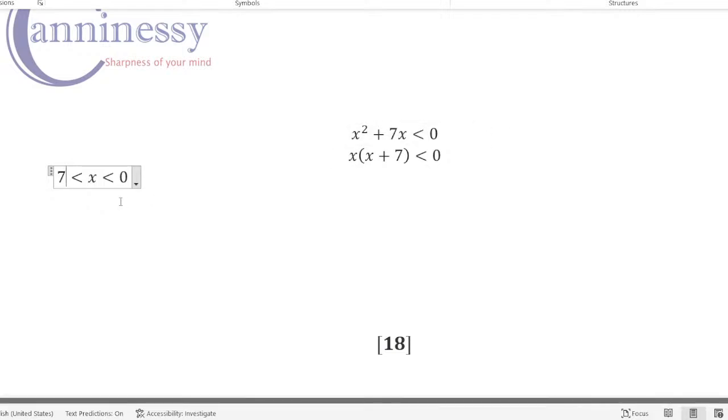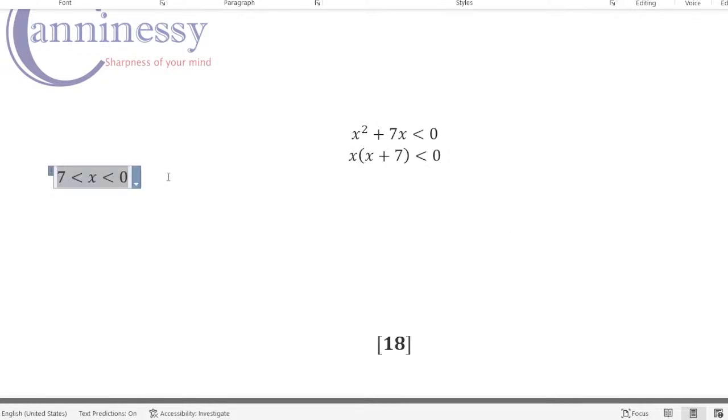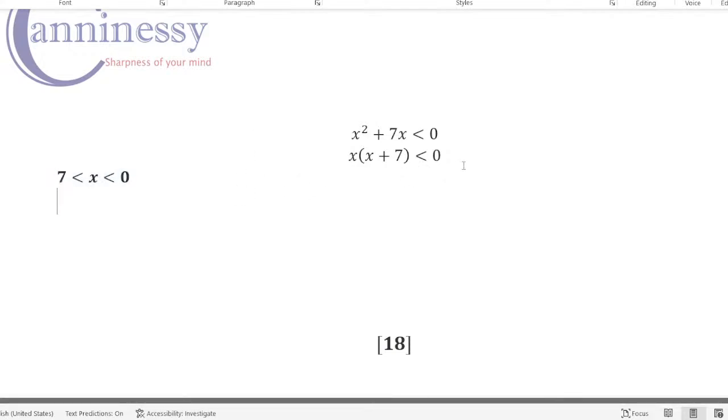We say x is less than 0 or greater than 7.